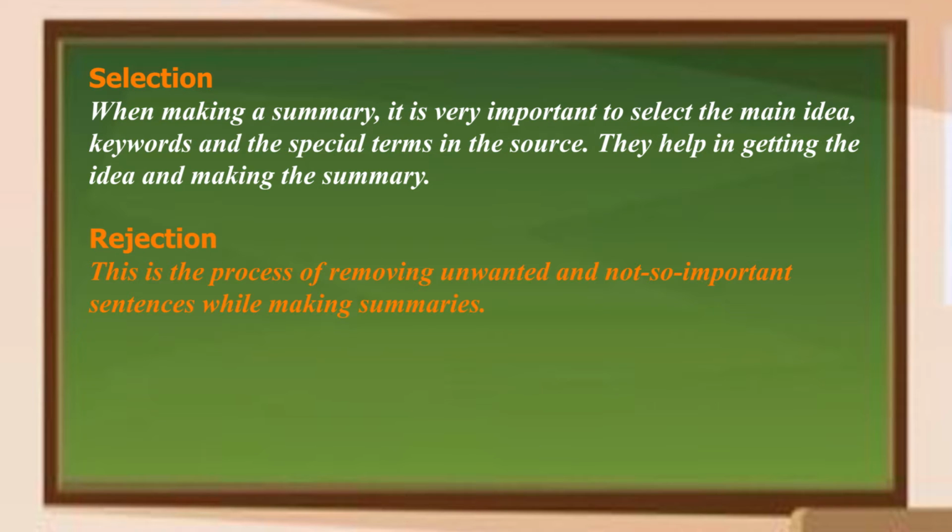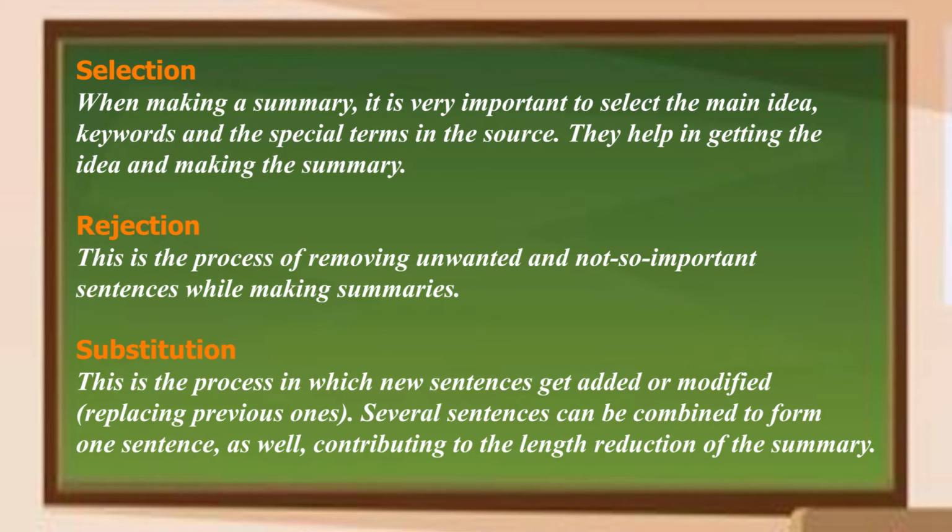With the rejection, it is a process of removing what? Unwanted and not so important sentences. In the rejection stage, we want to ensure that we are only removing unnecessary information. Okay, boys and girls?